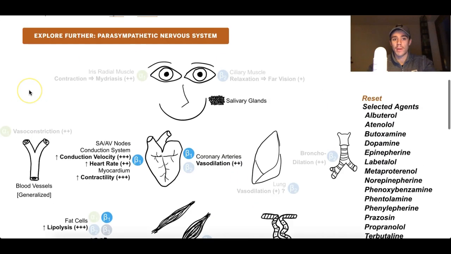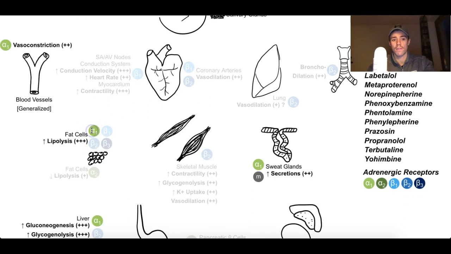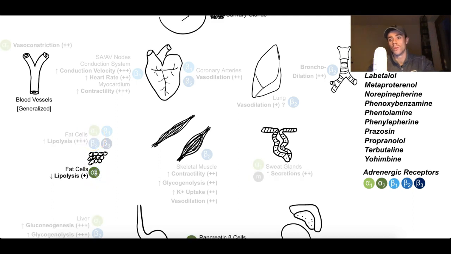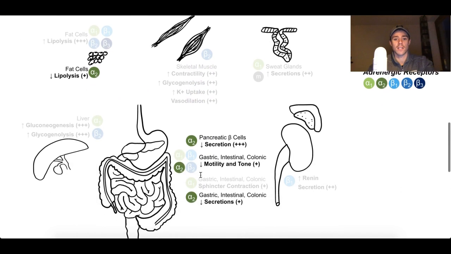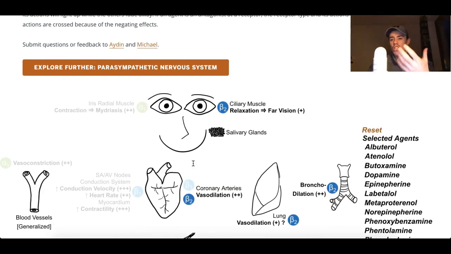But as discussed in the article, in the sympathetic nervous system we have the alpha and beta adrenergic receptors, and then you've got their respective subtypes. For example, you've got alpha 1 here on the fat cells that increases lipolysis, and alpha 2 decreases lipolysis. So you can get an idea of how these different receptors might affect the body if they are agonized or antagonized. You can also get an idea of, in general, what the sympathetic nervous system is doing.